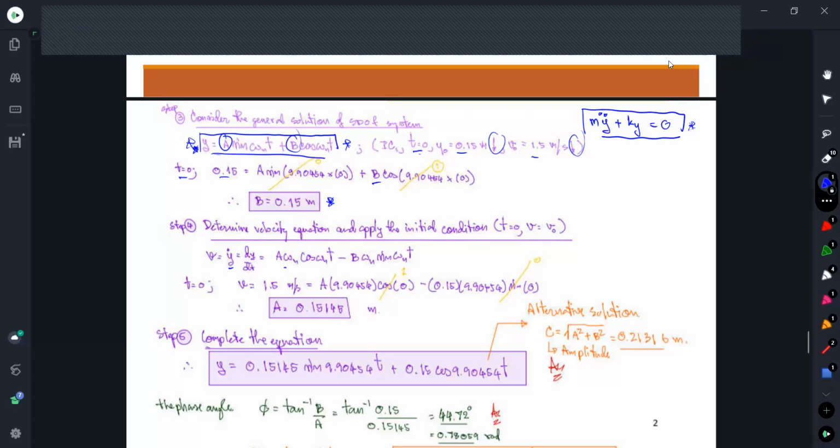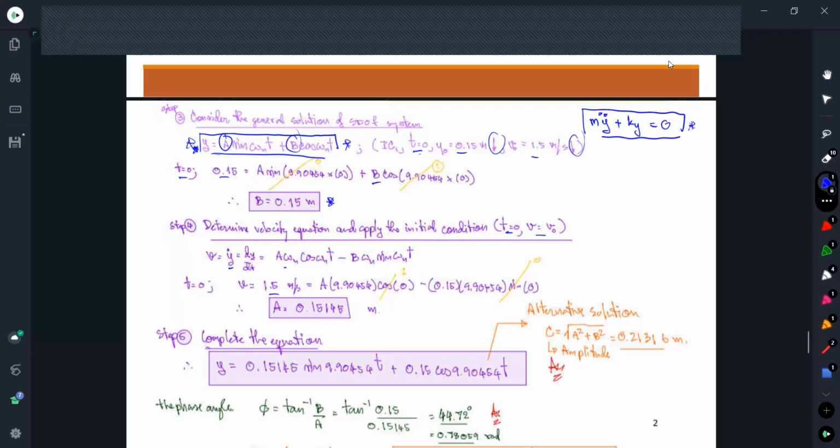For the initial condition, we know that t equals 0 and v equals v0, which is 1.5 meter per second. We substitute this value into this equation. We found that cosine 0 is 1, sine 0 is 0, so the last term becomes 0.